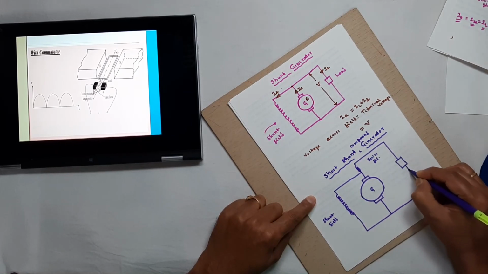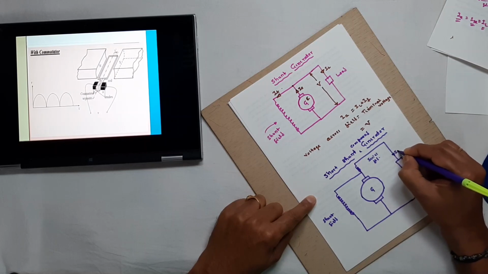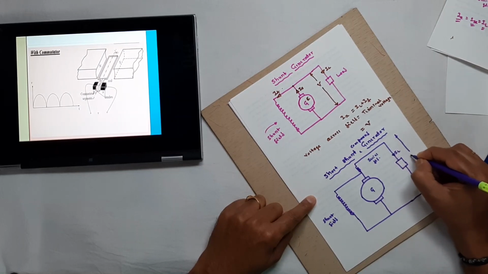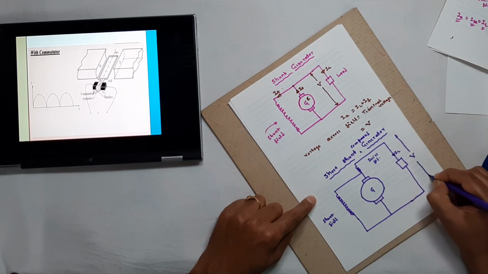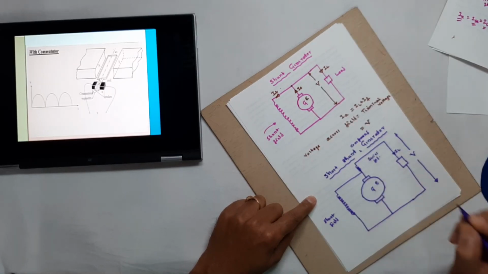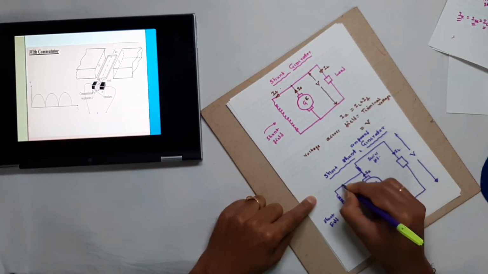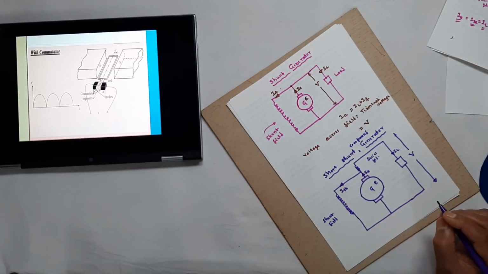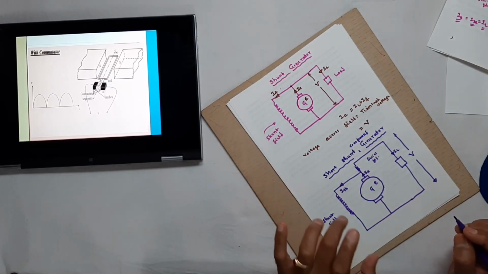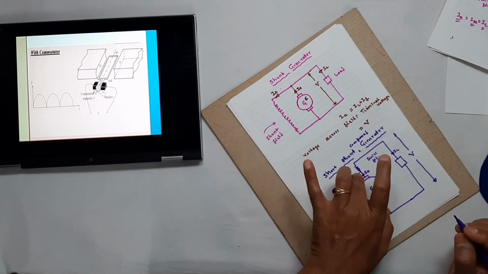The current flowing through the load is IL. The voltage across the load is V here. Generated voltage is E, and the armature current is IA. The shunt field current is represented by ISH. You can see the shunt field winding is connected across the armature.